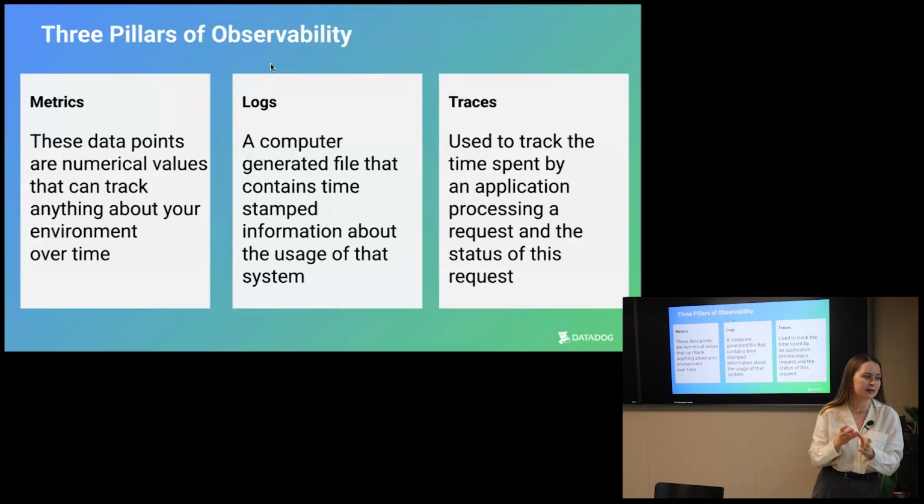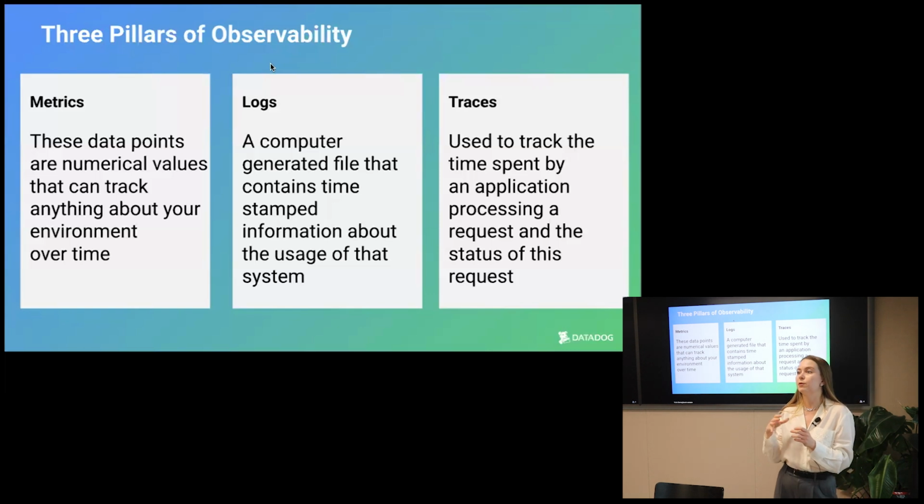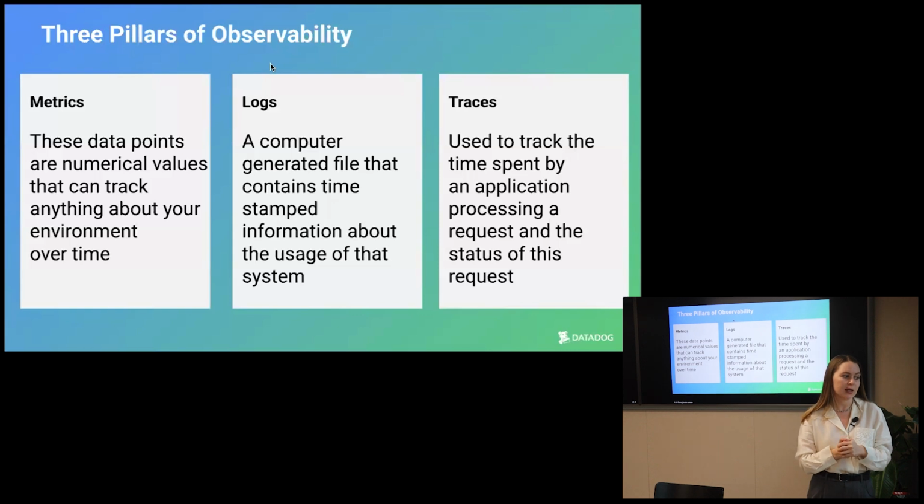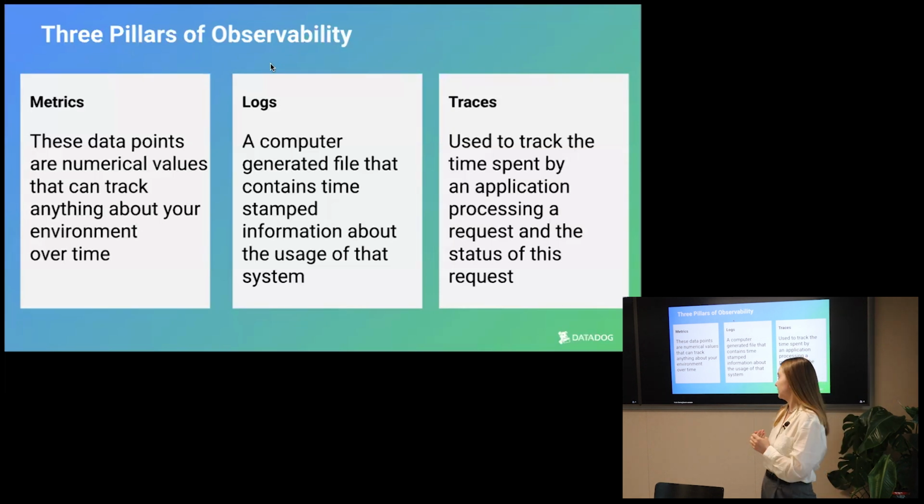The first one is the metric, and metrics show the trends and the performance over time. Logs tell us what happened at a specific point, and traces help us to understand end-to-end behavior. So when we use all three pillars together, we can understand what is wrong and why it's happening.